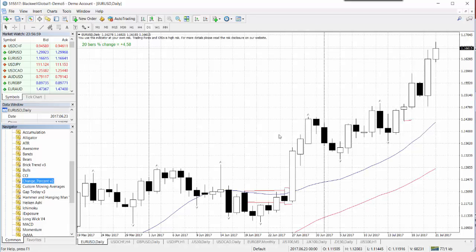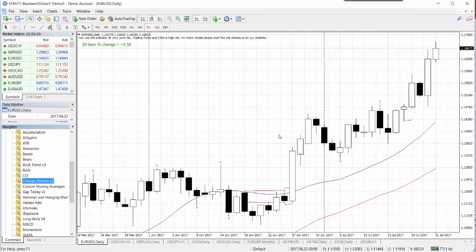But being able to put it into a specific context, that we've had a 4.5% increase in euro dollar over the last 20 bars, which is effectively the last 20 days, almost a trading month, so to speak, starts to give you very clear, insightful data that you can use to see how far we've moved in terms of volatility in that particular instrument.